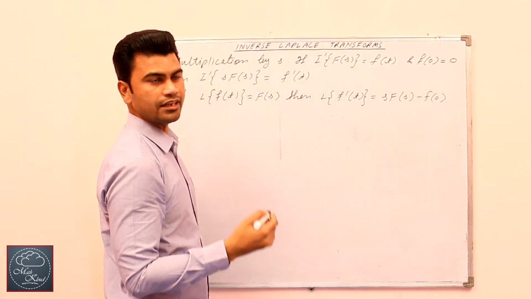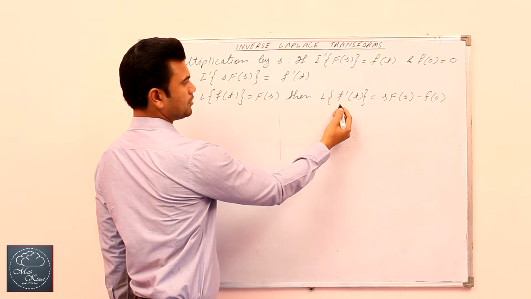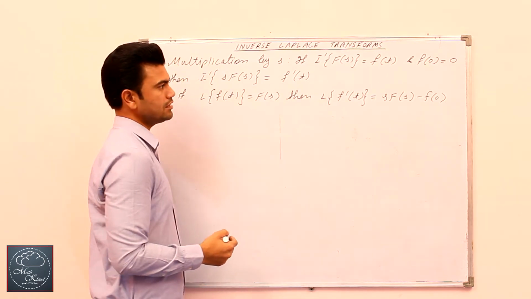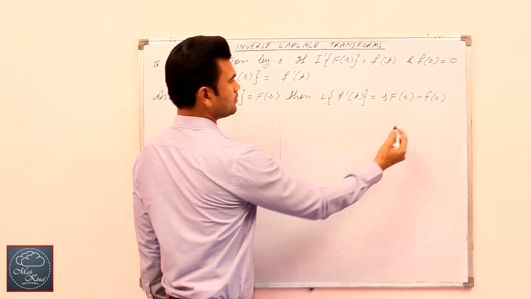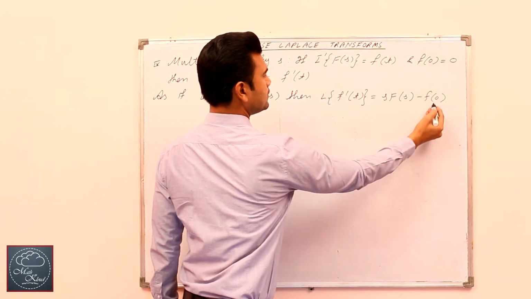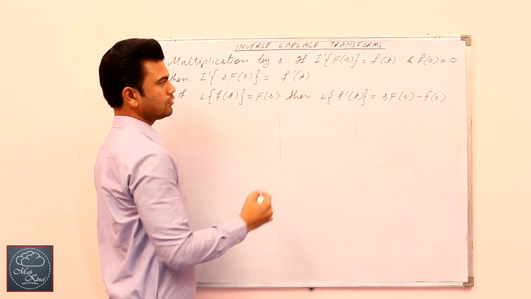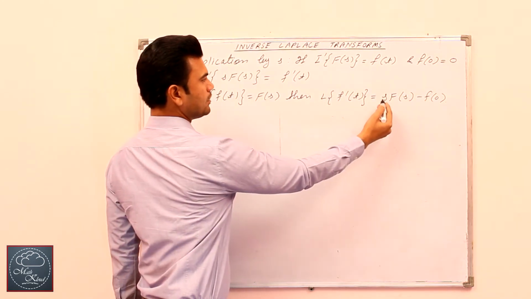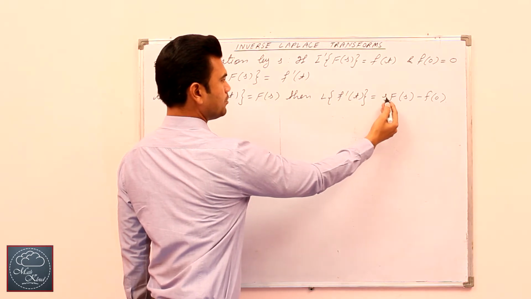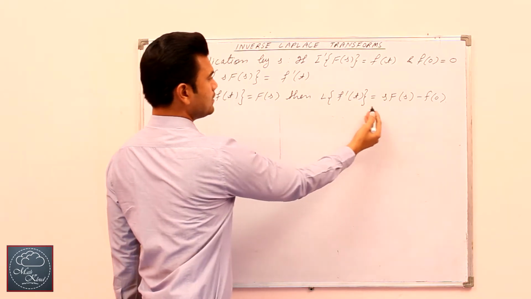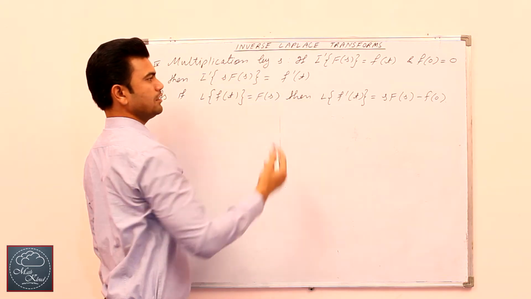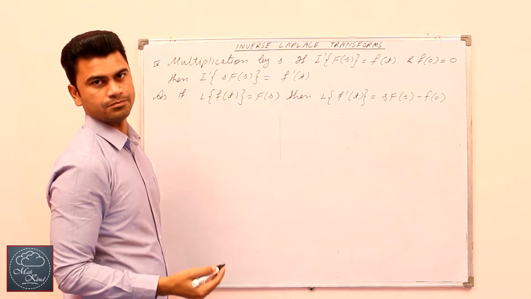We are using the Laplace transform of derivatives of functions, and in this case we have taken f of 0 is equal to 0. So when you invert here, you get the inverse Laplace transform of s f of s is equal to f dash t, which is our result.